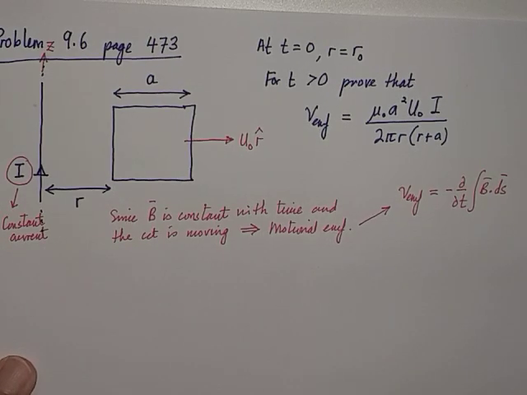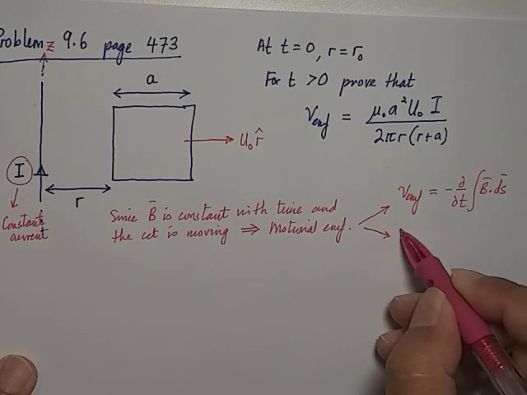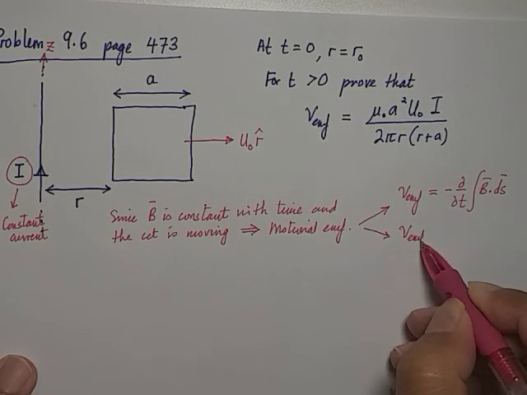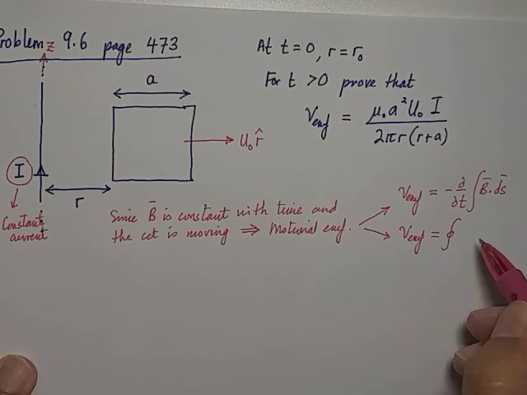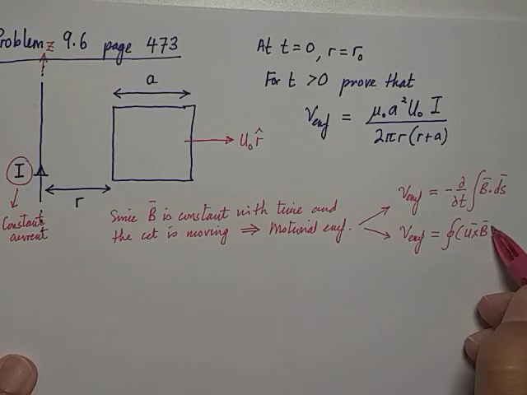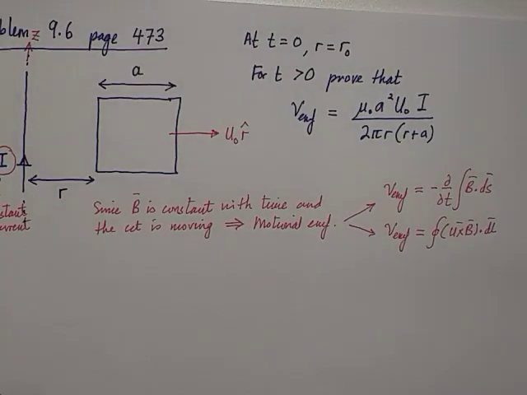Or we can use the second set of equation that we proved together in our previous video, which is u cross B dot dl. Okay, that should be the logical step regarding motional EMF.